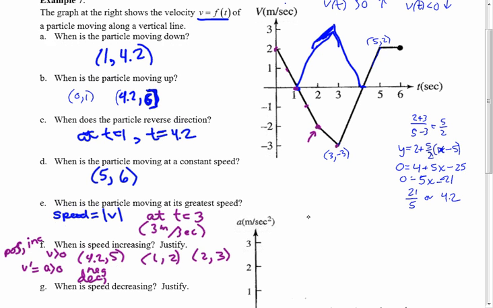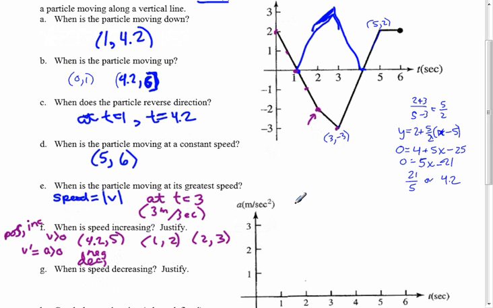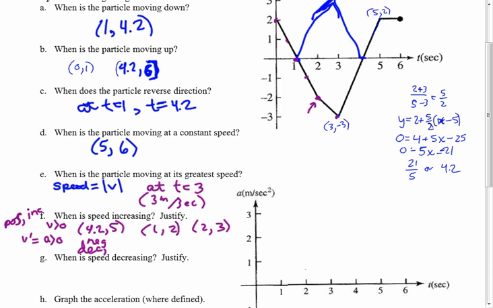So when velocity and acceleration have the same sign, that's when speed is increasing. All right, when is speed decreasing? When we're talking about decreasing, they have opposite signs. So we're looking for where our function is positive and decreasing, or where our function is negative and increasing. It's positive and decreasing from 0 to 1.